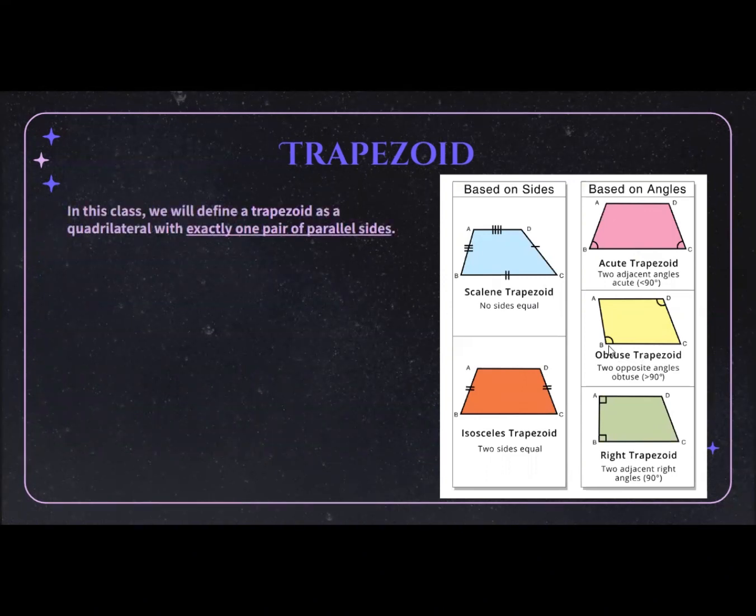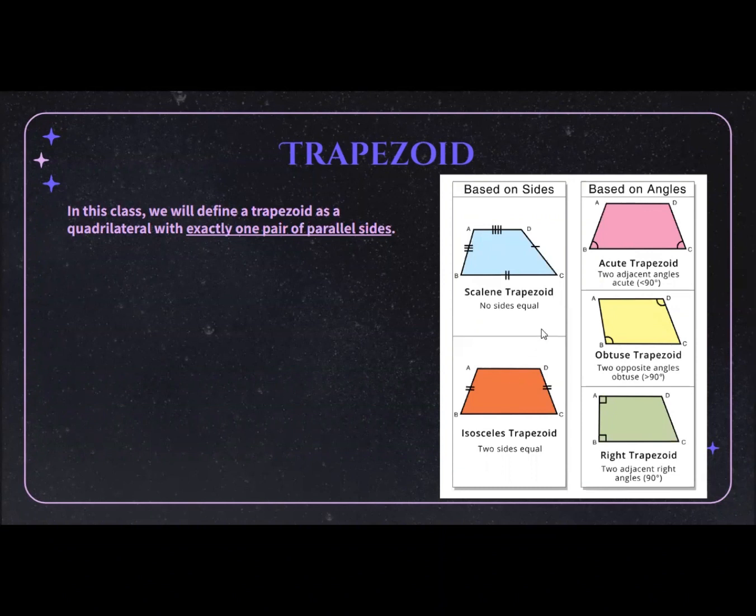In this class, at least in this geometry class, we will define a trapezoid as a quadrilateral with exactly one pair of parallel sides. Some people will vehemently say it has at least one pair, meaning rectangles are technically trapezoids. But when we look at a rectangle, we never say, oh, that's a trapezoid.